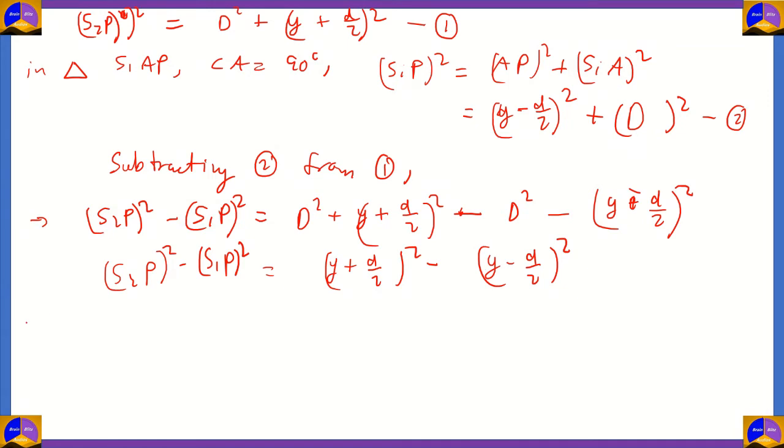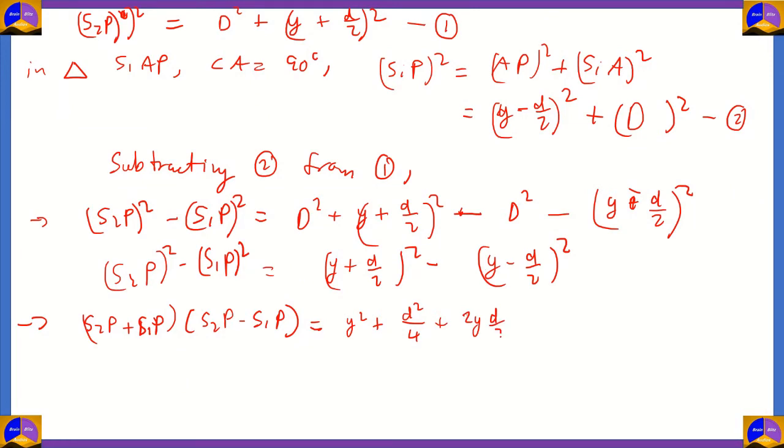So the left hand side can be written as S2P plus S1P times S2P minus S1P, and the right hand side can be written as y square plus d square by 4 plus 2yd by 2, and then minus y square minus d square by 4 plus 2yd by 2.